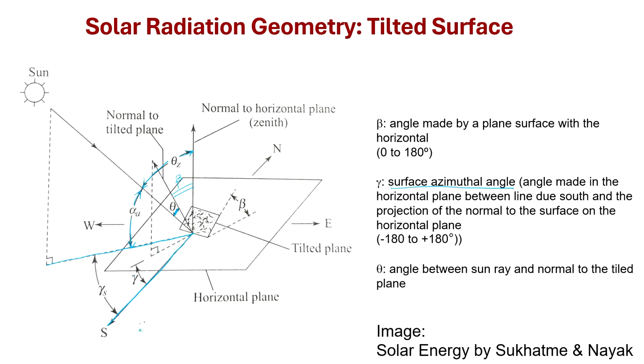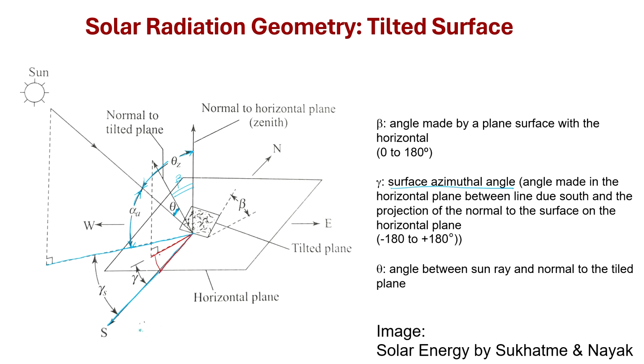Gamma is an angle which is called the surface azimuthal angle, which is the angle made in the horizontal plane between the line due south, so this is the due south line, and the projection of the normal to the plane on the horizontal plane. So, this is the normal to the plane, its projection is this. So, basically this is the angle between this and that.